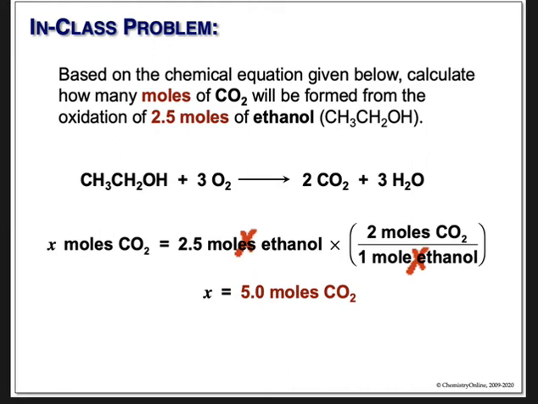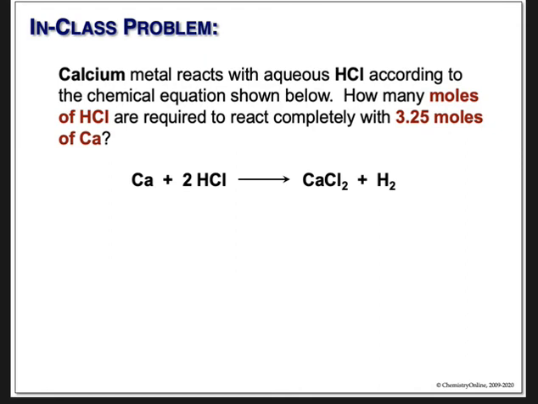Let's do another one then. Calcium reacts with HCl to give calcium chloride and hydrogen gas. We've done this in lab. First, check to see if the equation is balanced. 1 calcium, 1 calcium. 2 hydrogens, 2 chlorines. Yep, we're all balanced.